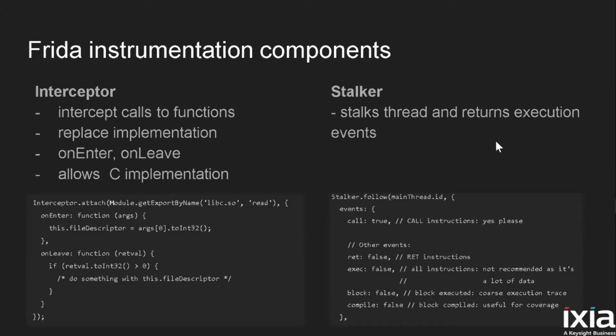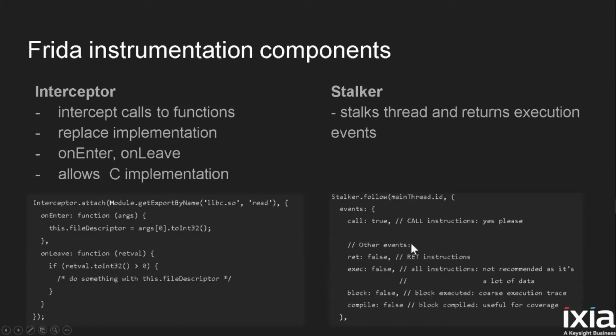The other component that Frida uses is called Stalker. It looks at a certain thread, inspects it, and looks at what kind of instructions are executed, and based on that, it returns a set of events. The kinds of events currently supported by Frida are the call instructions and the returns.